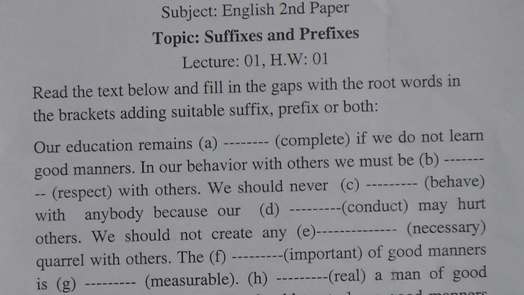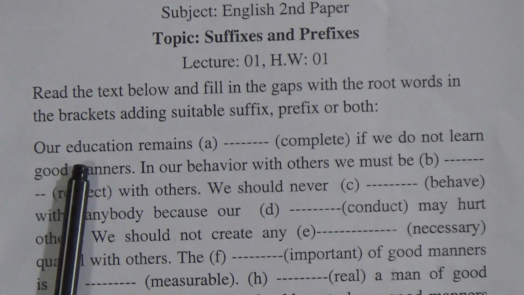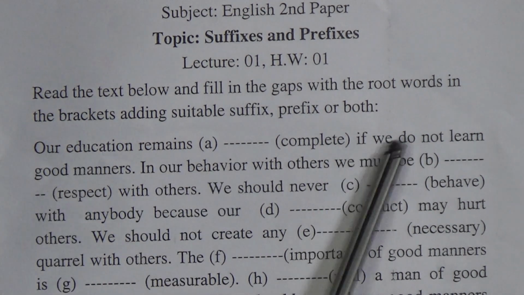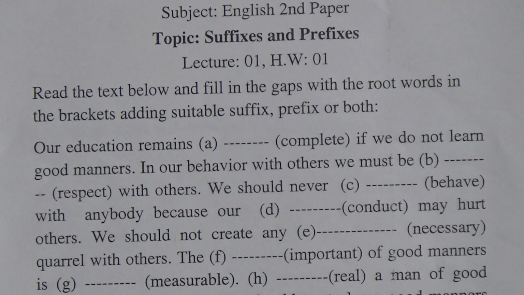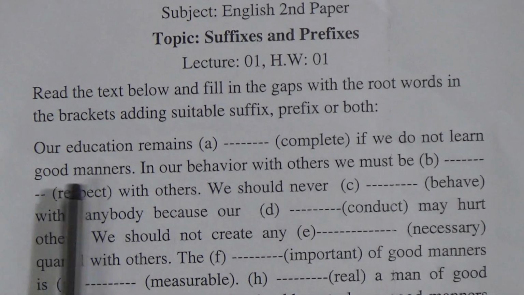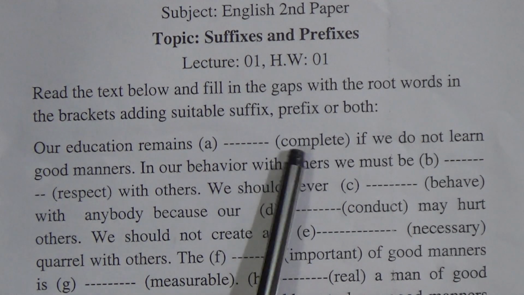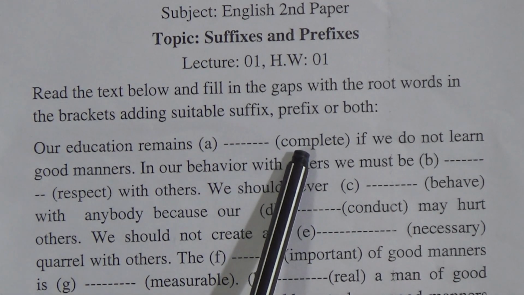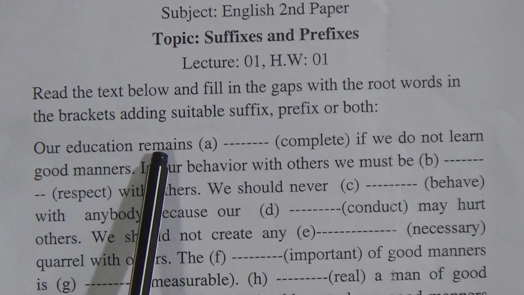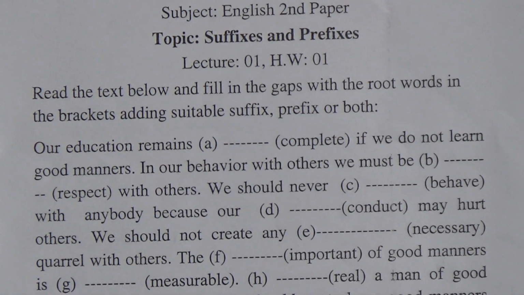Now passage. So look, our education remains dash if we do not learn good manners. Our education remains, so after the verb remains, it will be an adjective word. What will be the adjective? Complete is also an adjective, but look, it remains if we use incomplete. This will be the exact word.